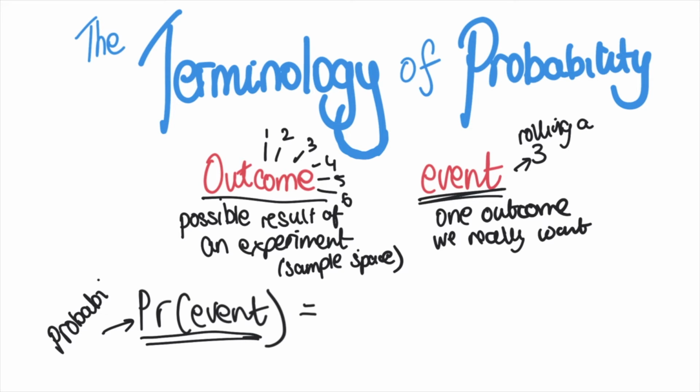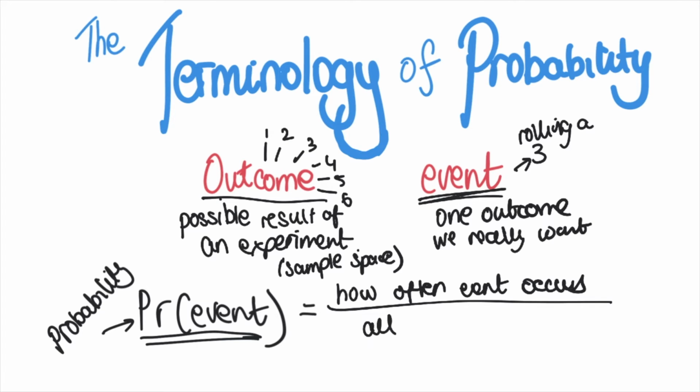But remember, mathematicians don't write too much, so we shorten everything. So to calculate the probability of an event happening, we have to write about how often the event occurs that we want, divided by all the possible outcomes of an experiment.